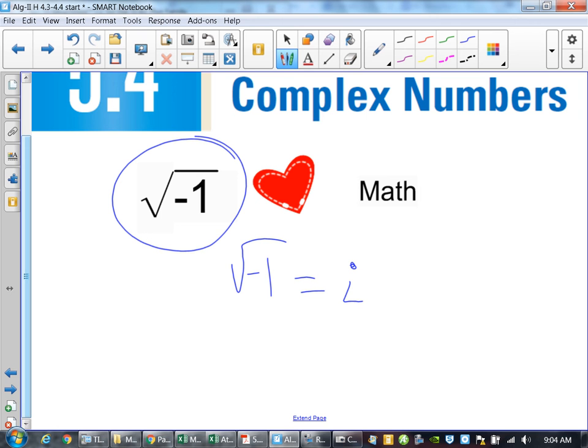Which basically allows you then to simplify radicals, whether they are positive or negative. So now your workload, you guys thought you only had to worry about half the numbers, positive numbers, take square roots. Your workload has now doubled. You're welcome.